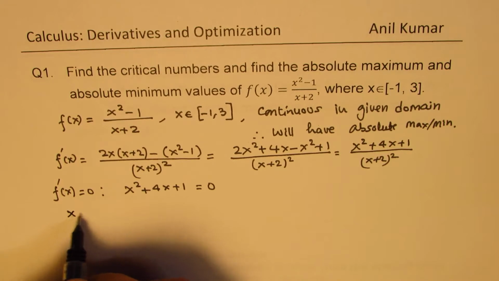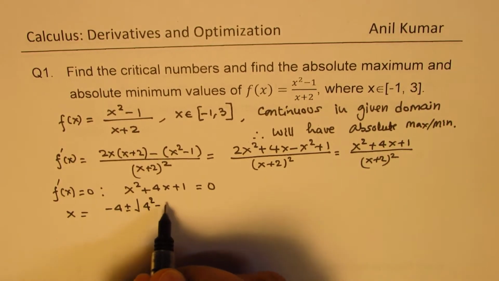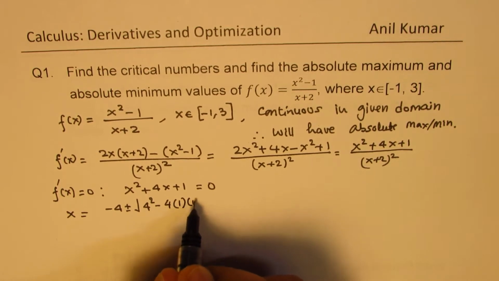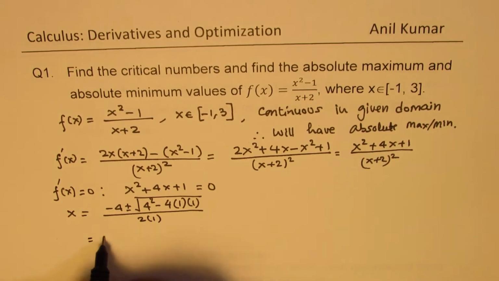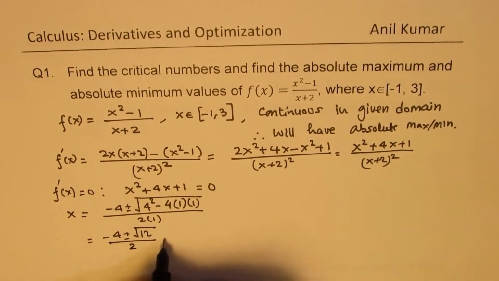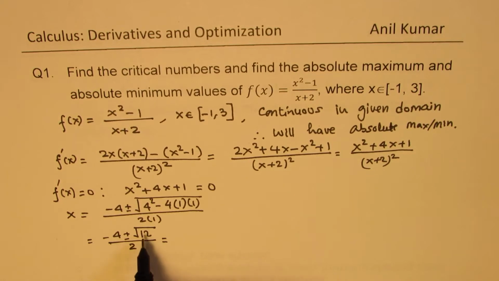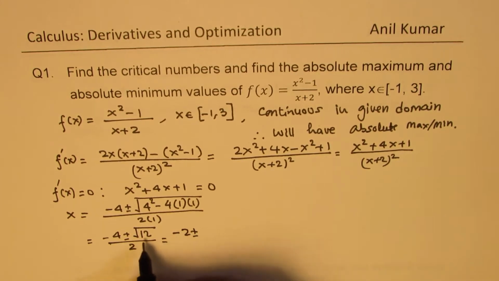So that gives x equals minus 4 plus or minus square root of 4 squared minus 4 times 1 over 2 times 1, and that is minus 4 plus or minus square root of 16 minus 4, which is square root of 12, over 2. So this is 4 times 3, 2 square root 3. You write this as minus 2 plus or minus, so 2 cancels, square root 3, right? So that becomes your critical number.